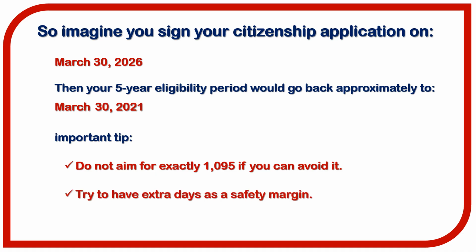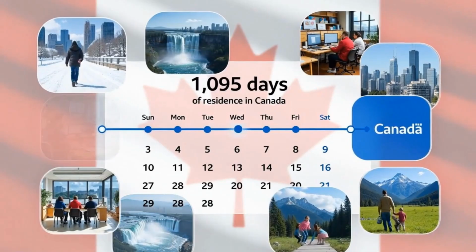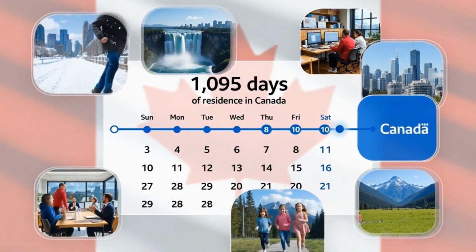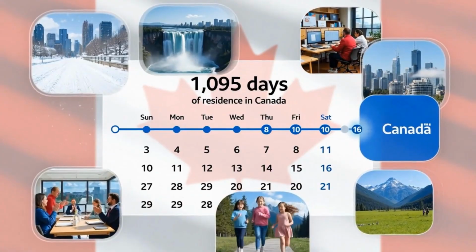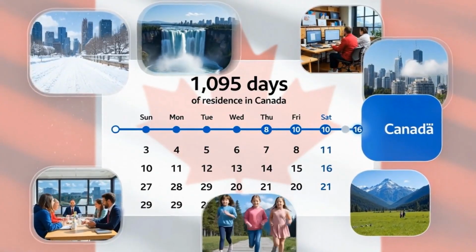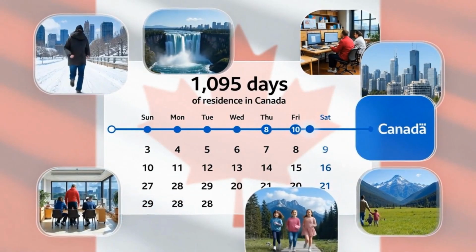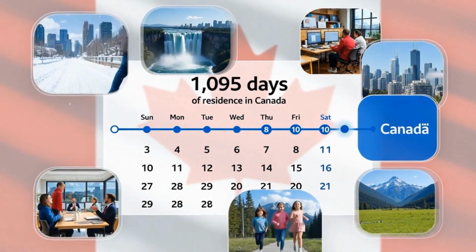Try to have extra days as a safety margin because one forgotten trip, one wrong date, or one misunderstood absence can bring your total below the minimum. Now, let's focus on the core requirement, which is the basic rule: 1095 days in Canada. For citizenship, you generally need at least 1095 days of physical presence in Canada within the 5 year eligibility period. That is the main number to remember.